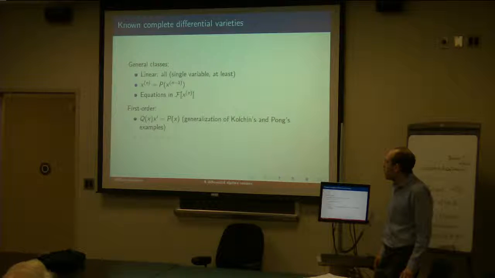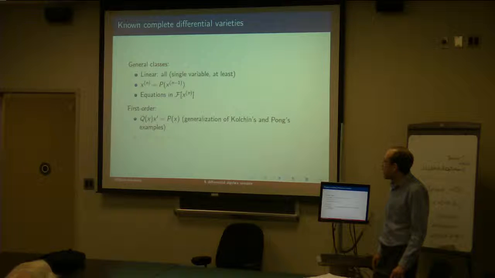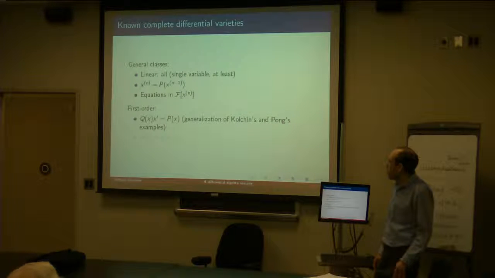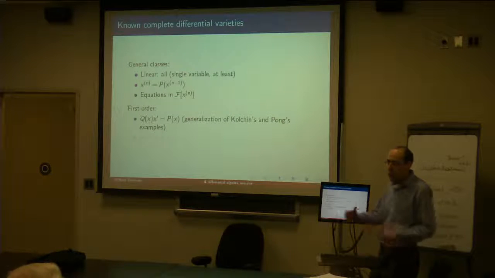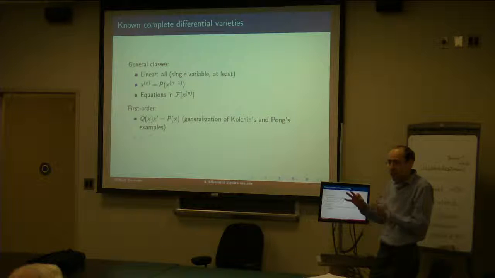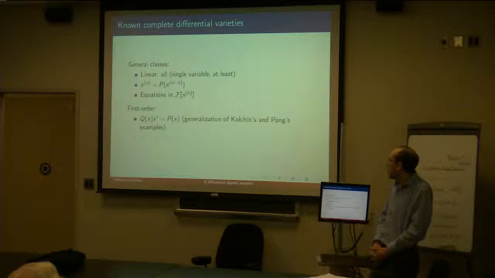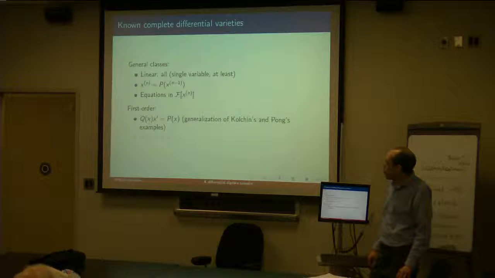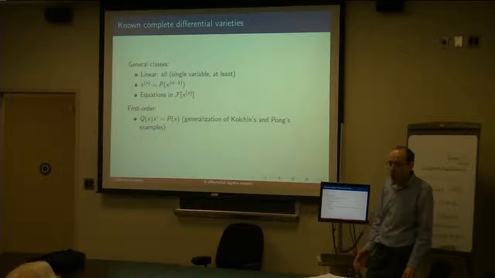So in the first order case, this is a generalization, at least if you're restricting to a single variable, of the first known examples of complete differential varieties. Namely, Kolchin showed that the constant points, all the points with every coordinate having derivative 0, form a complete differential variety. With a single variable, that's an equation of this form with p being 0 and q being 1.